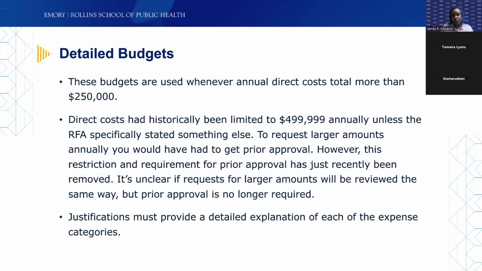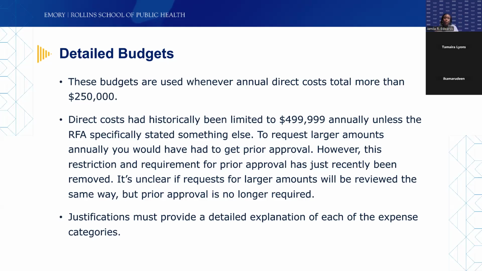So the things that usually require detailed budgets, obviously, is anything where the annual direct costs are more than $250,000. Historically, for most research mechanisms, that has meant that you can request $499,999 a year in direct costs annually, unless the RFA specifically stated something else.